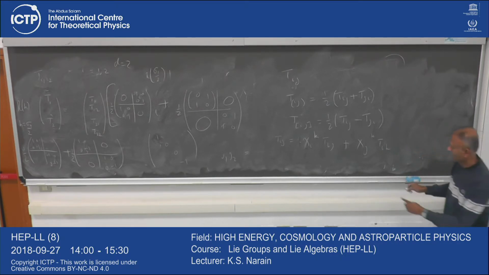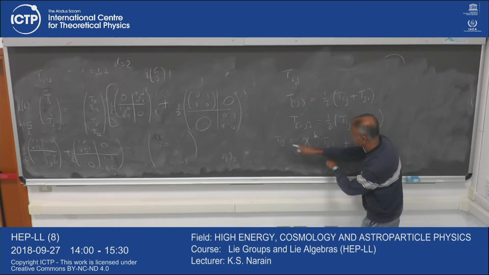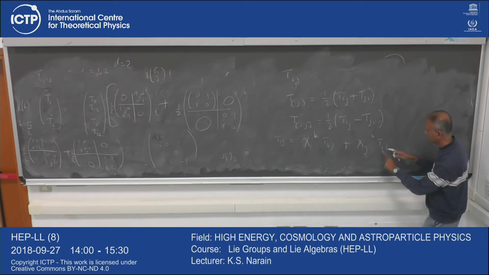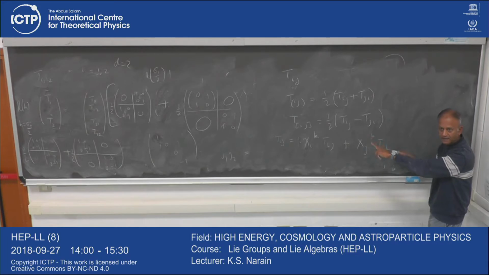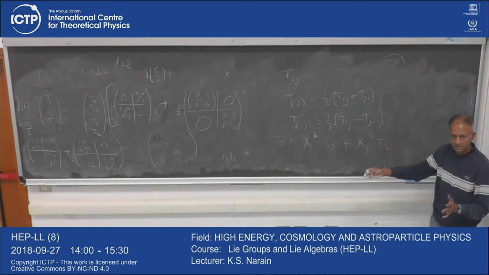That's what it's saying. The first acts on the first index and doesn't do anything to the second index. The second index was j here, and it transformed like x_jk. And then the second term is where nothing happens to the first index, and the second index is transformed like that. This is how we define the way the Lie algebra acts on the tensor product, I mean the tensors.